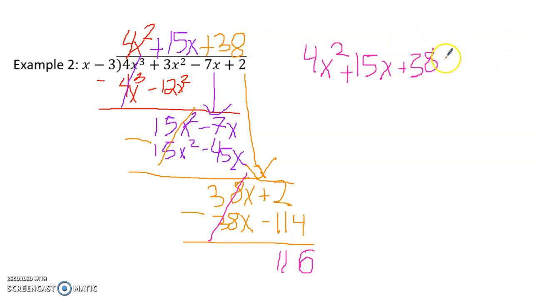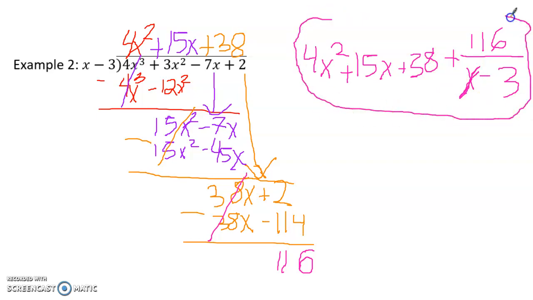And then with the remainder, we would do plus the remainder, 116, divided by our divisor, what we were dividing by, which in this case is x minus 3. So that is my quotient to the problem: 4x cubed plus 3x squared plus 7x plus 2 divided by x minus 3.